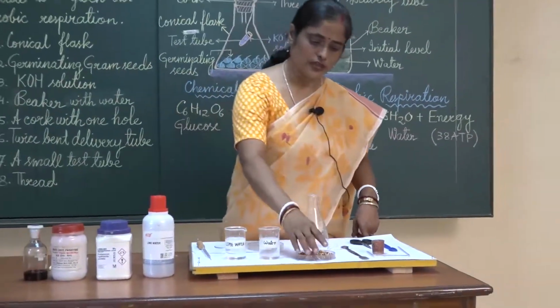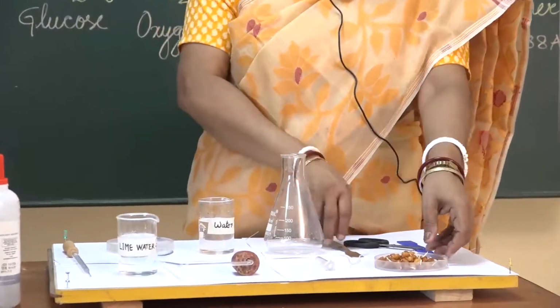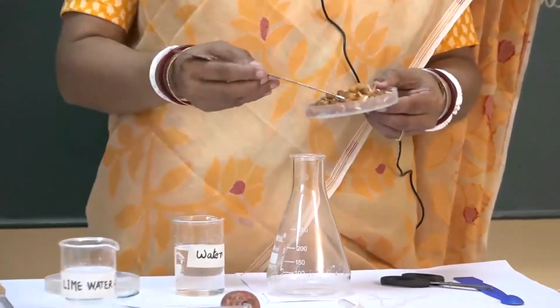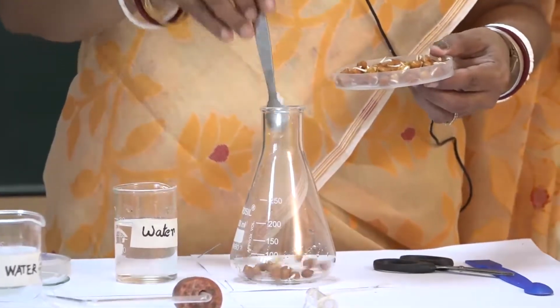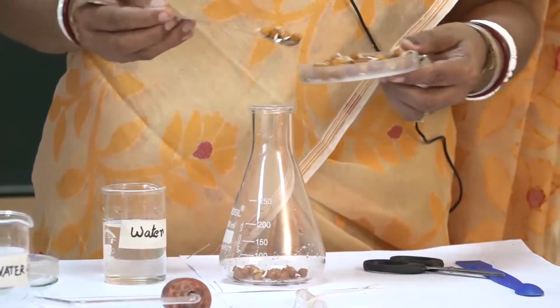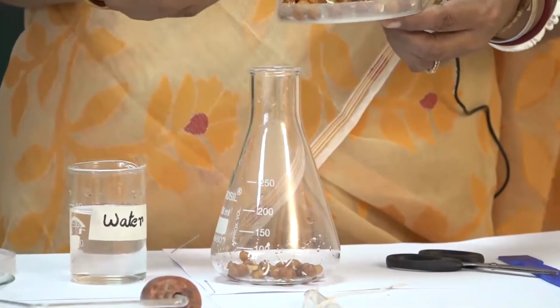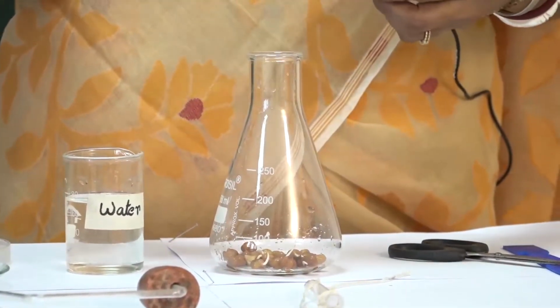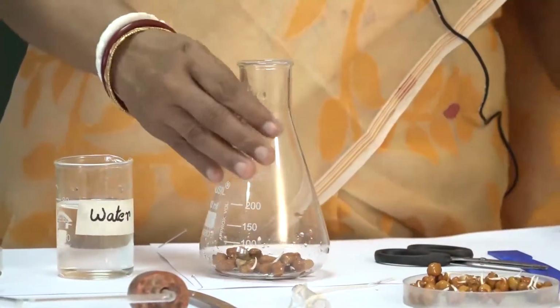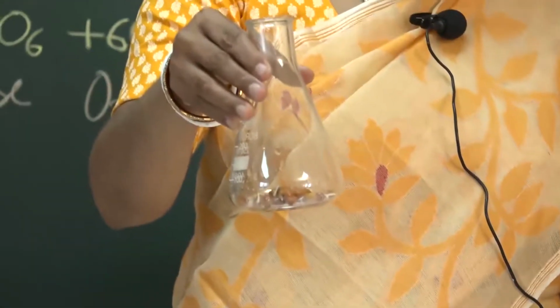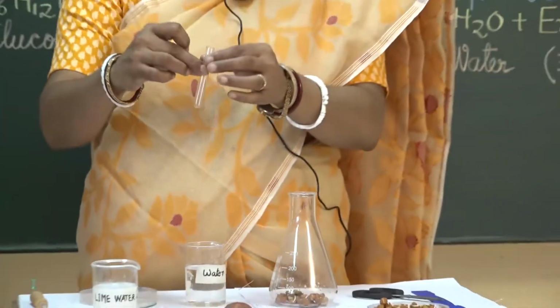First of all, we have to proceed with the experiment. We have to put all the seeds into the conical flask. See, we have taken about 30 to 40 seeds in the conical flask. Now, prepare this small test tube.